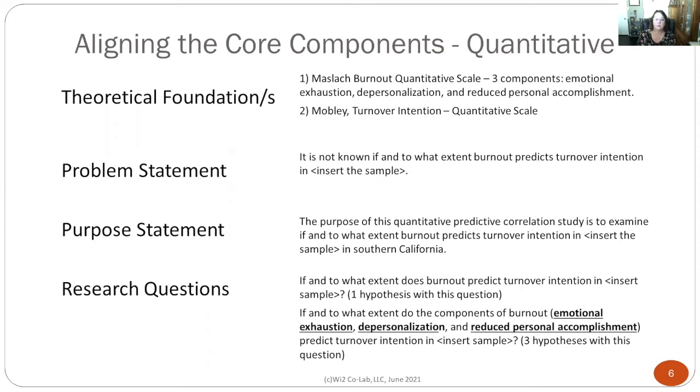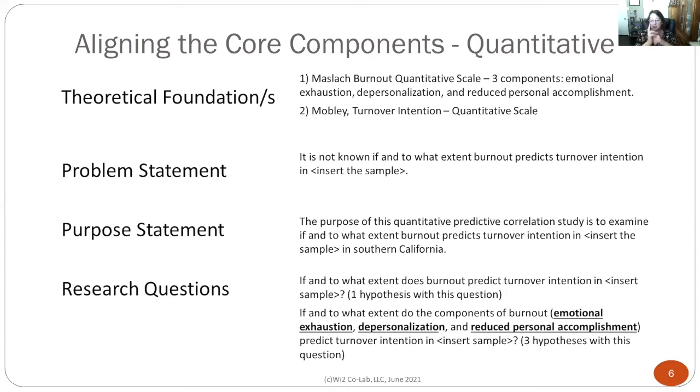You have to make sure you understand how they're measured. All of them come with usually a scholarly article that shows where the validity and reliability sits, because you got to know if Maslach burnout comes up to a sum score or an average score, and whether turnover intention also comes up to a sum score, a total score. That predicts your number of research questions you have.